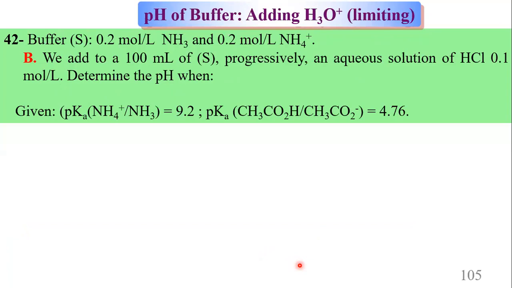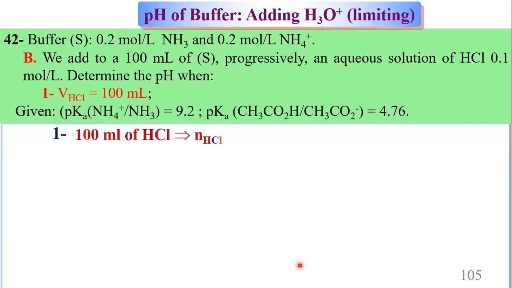Part B, we're now going to start adding some acid, okay? So part B, number 1, we're going to add 100 milliliters of HCl. When we add 100 milliliters of HCl, we automatically get the number of moles of HCl added, and that's concentration times volume, which is 10 millimoles, where I use the volume in milliliters.